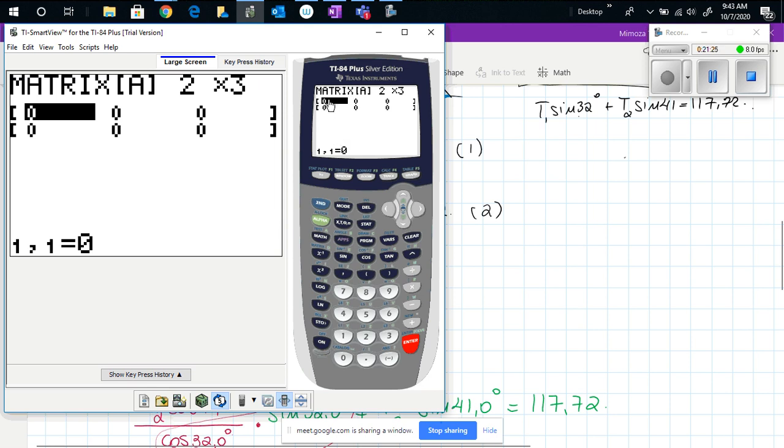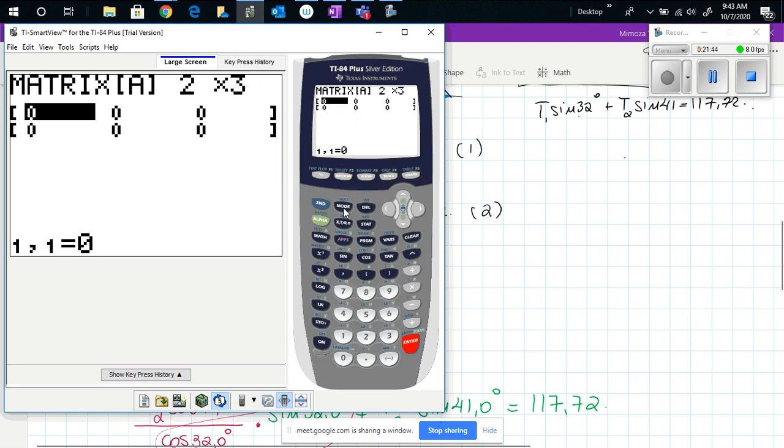And now the calculator is asking you, what is the first coefficient? So if you keep in mind the first equation, it was T1, which is a variable that we will find, times cosine 32.